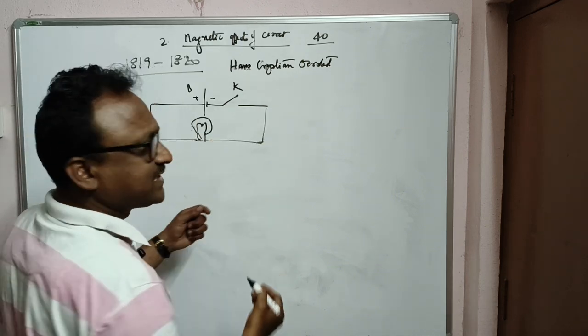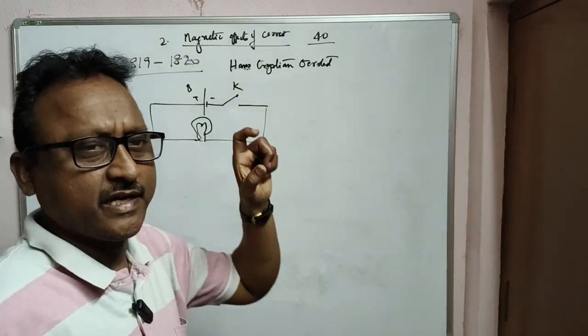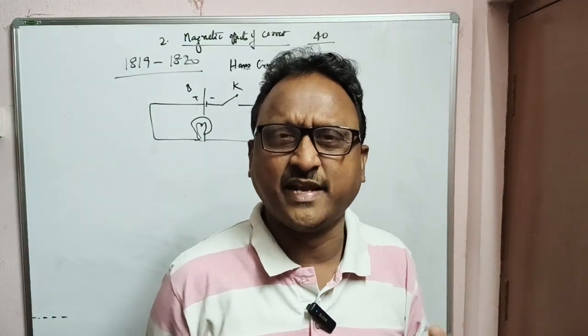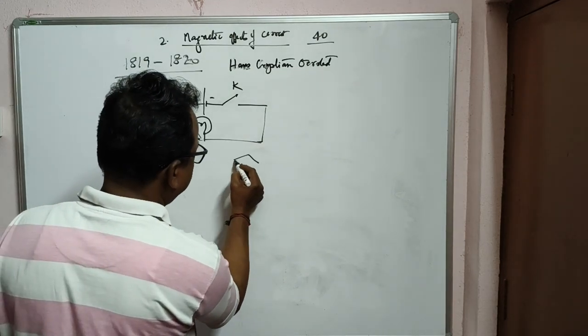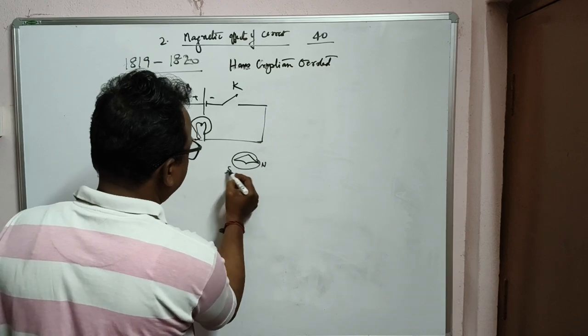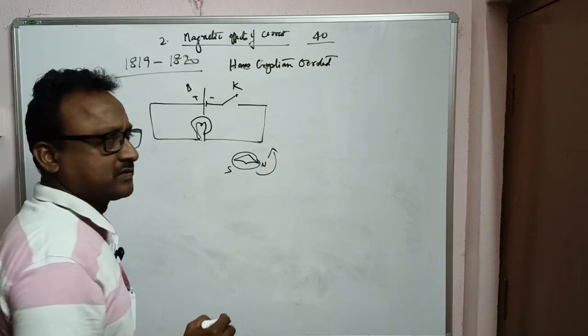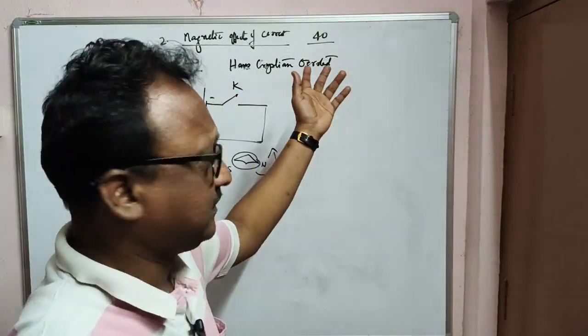When he was explaining this simple circuit to the students in around 1820, suddenly a magnetic compass kept beneath this circuit was deflected.